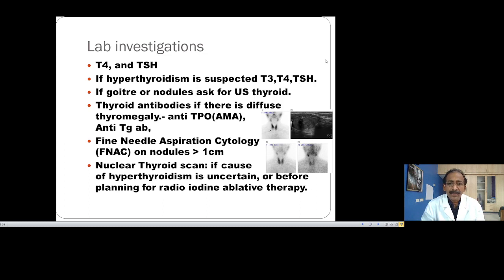And a nuclear thyroid scan, if the cause is uncertain, if you find a diffuse goiter and hyperthyroidism and you do not know whether it is Graves' disease or subacute thyroiditis presenting with hyperthyroidism. Or you just do it routinely before planning radioactive iodine ablation.